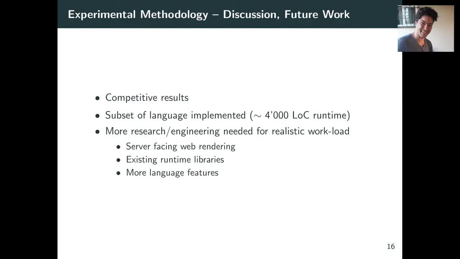PHP is typically used for HTML-based rendering in web servers, and that's also part of future work. Another interesting future work is supporting PHP's existing range of native libraries as well.